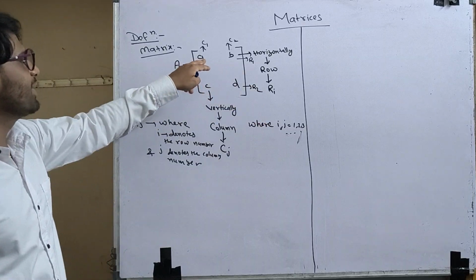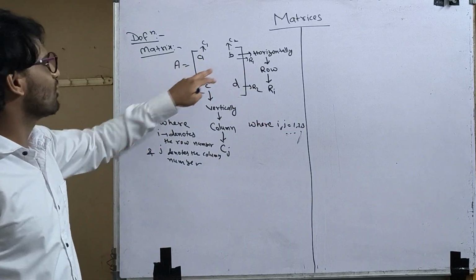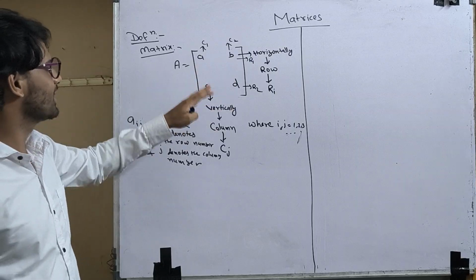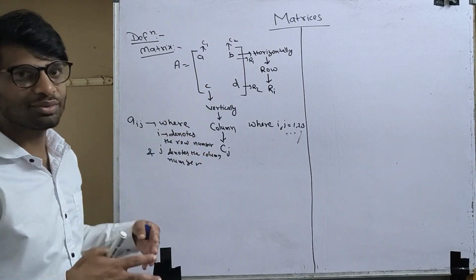So this element can be written in the form of Aij, and also this element can be written in the form of Aij. All elements can be written in the form of Aij.